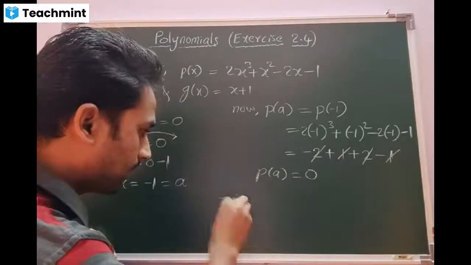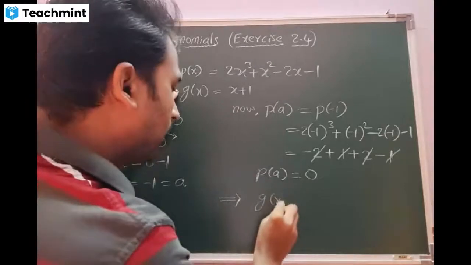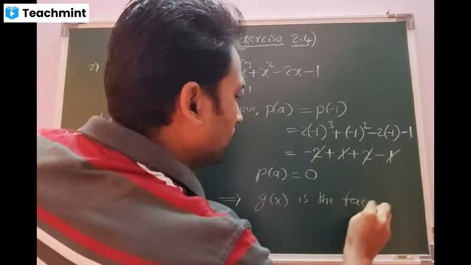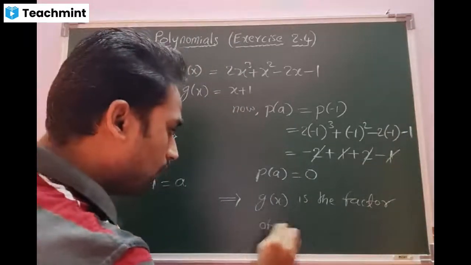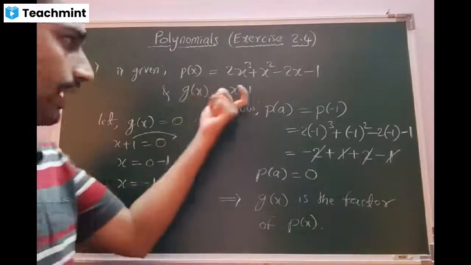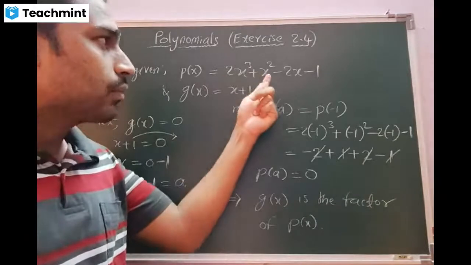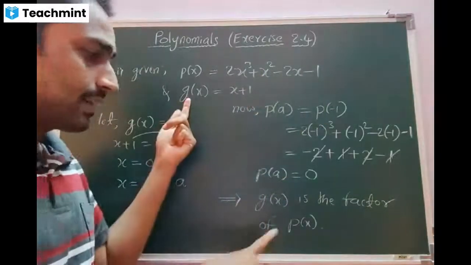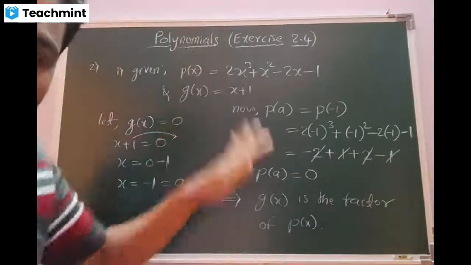This implies g(x) is a factor of p(x). Actually, x plus 1 is a factor of 2x cube plus x square minus 2x minus 1. In short, it is represented as g(x), and this is represented as p(x). Copy, beta, quick.